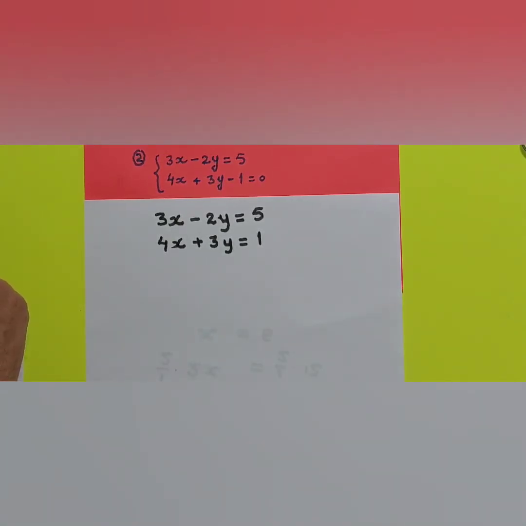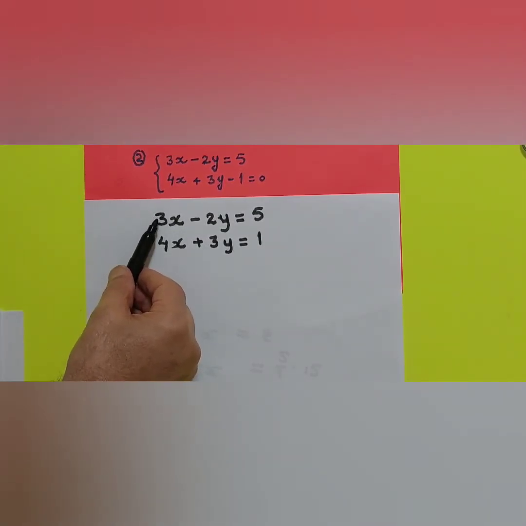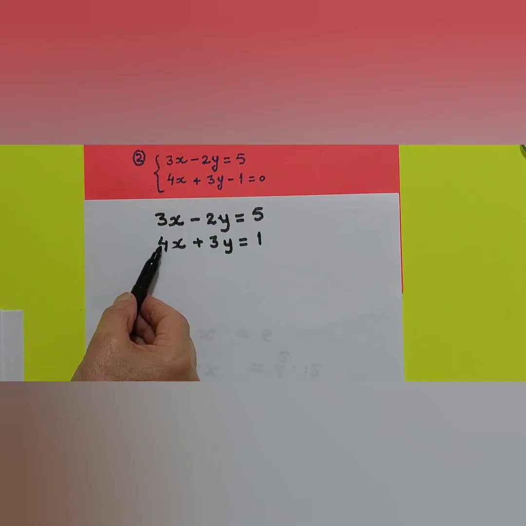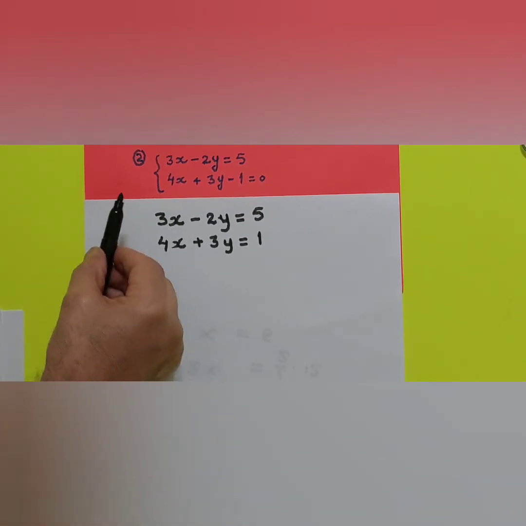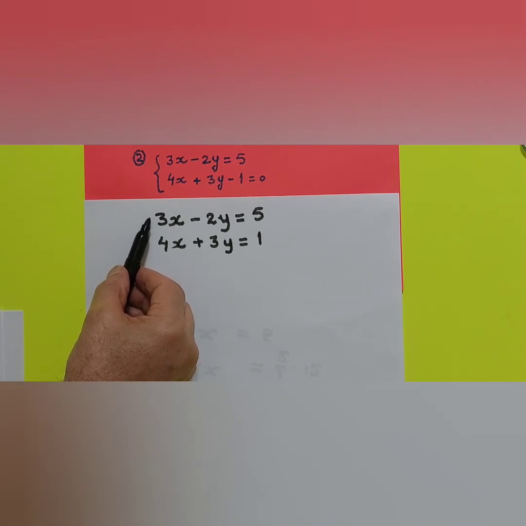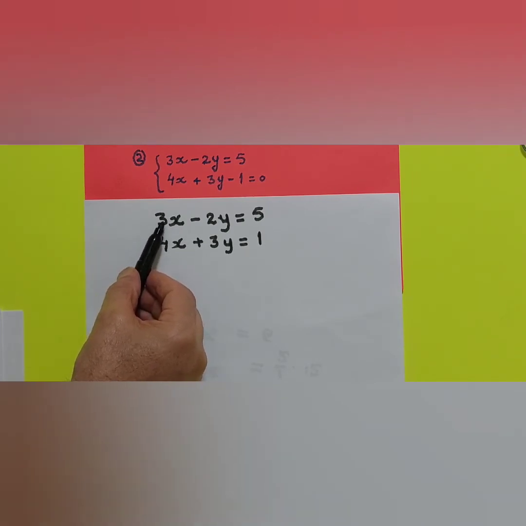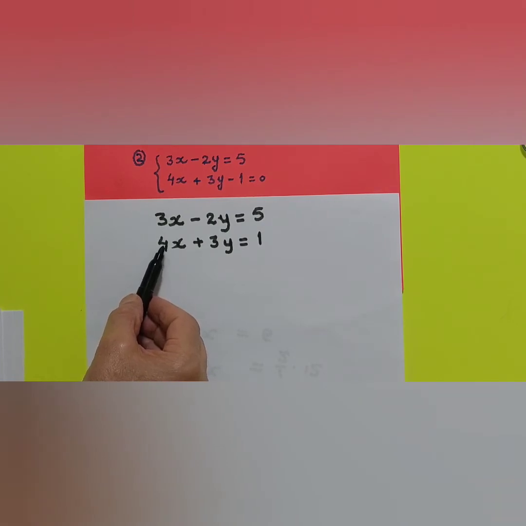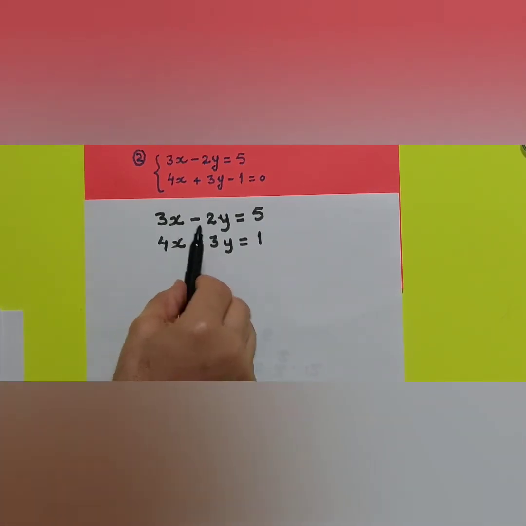This way we can do it. If you want to make the coefficients of x equal, that's fine. Just multiply the first equation by 4 to be 12 here, and multiply the second equation by 3 to be here 12 also. So it's your choice.